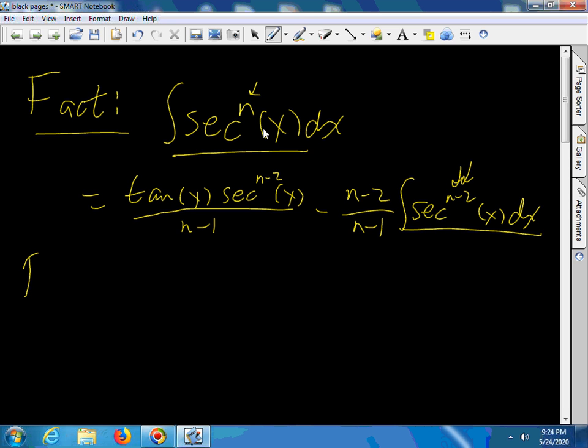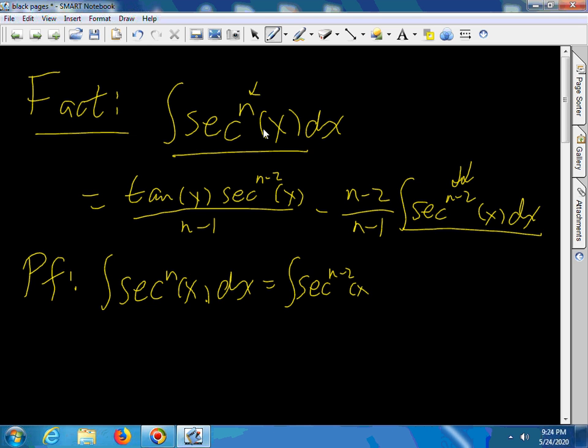Okay, proof. Like most of these reduction formulas, this one's going to be done by parts. We are going to break off two secant x's. And we will have secant n minus 2 of x times the secant squared x's, the ones that we broke off, dx.